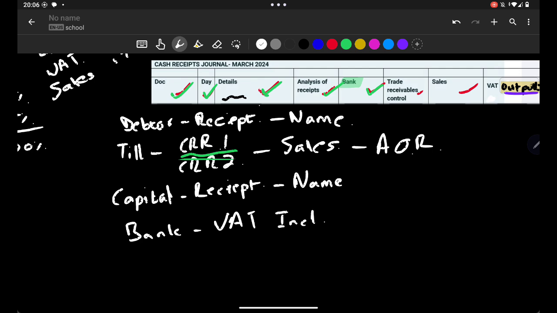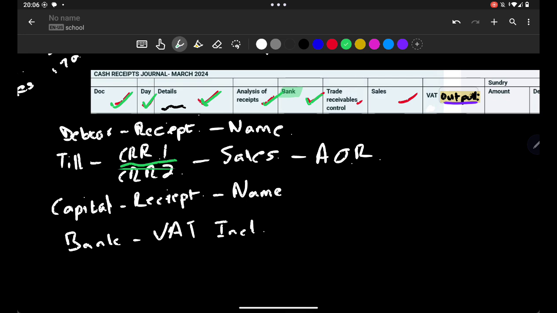Always remember that. Then trade receivables control. This is money that you receive as the business from your debtors. Debtors are people that owe the business, that owe the company, right? Please remember that. Please don't confuse this with trade payables control. Trade payables control, listen to the name, payables control.